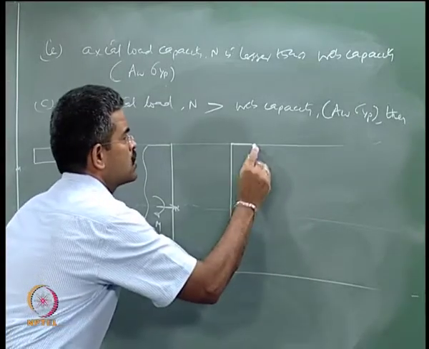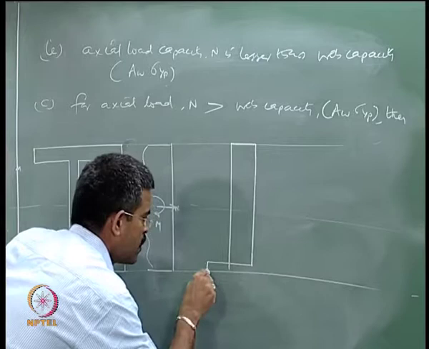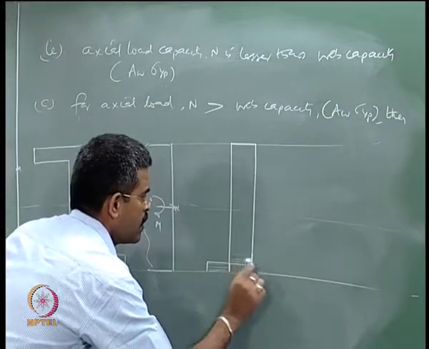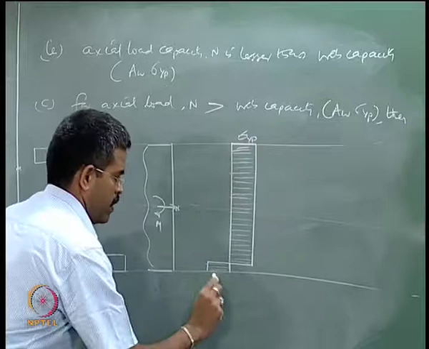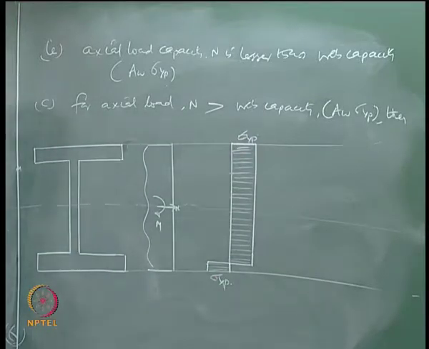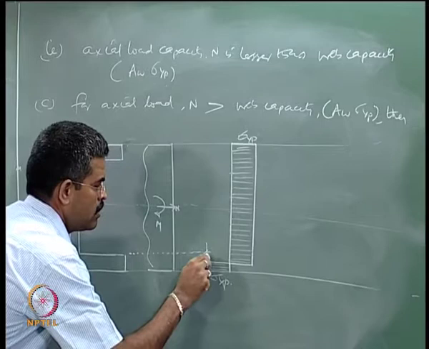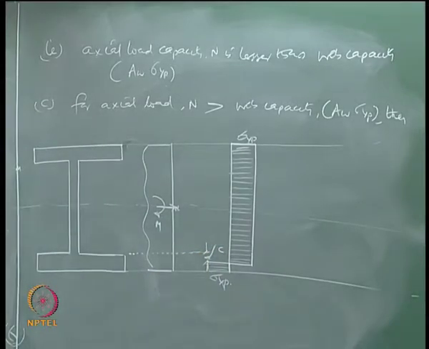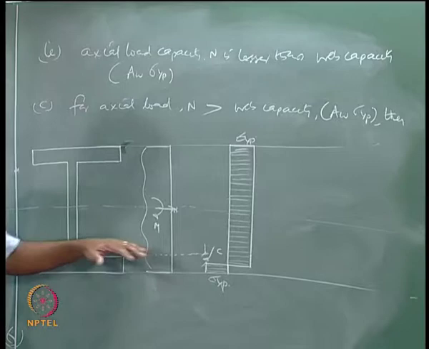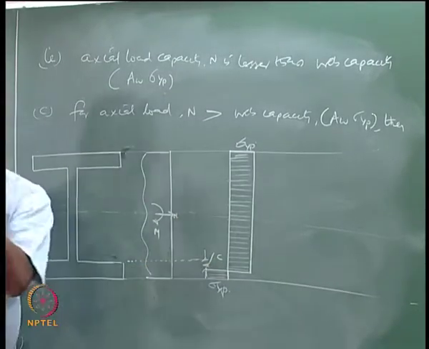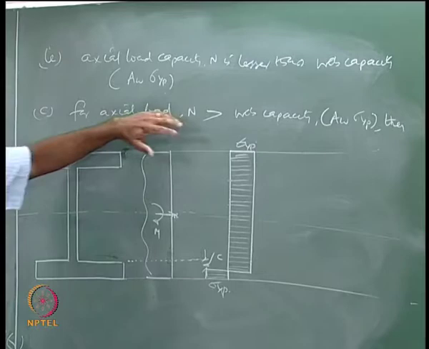Stress diagram goes like this. Now, the difference between the 0 axis stress and the flange, this value is called as C. The offset between the top of the bottom flange to that of the 0 stress axis is given by an offset by name C. That is the combined action when the axial load carrying capacity is higher than the web capacity.